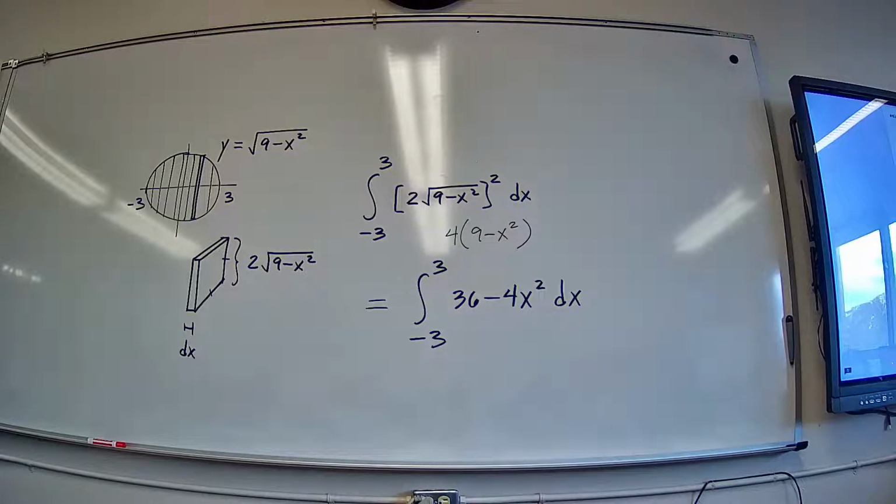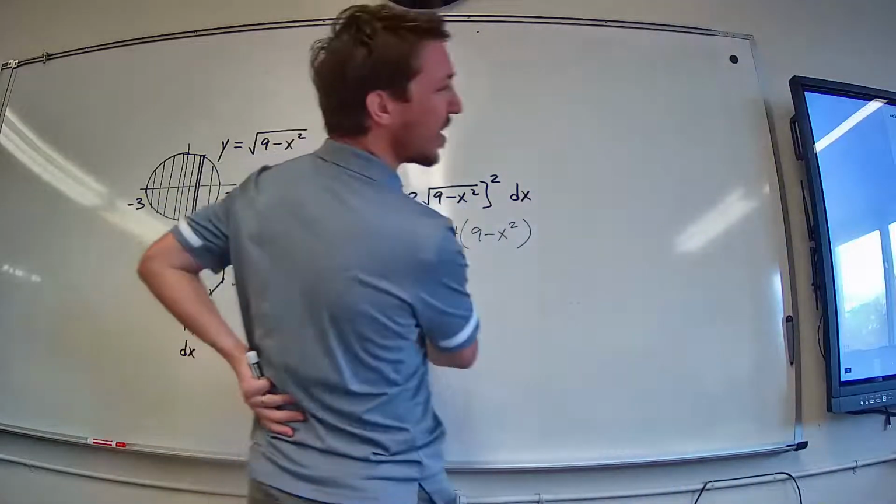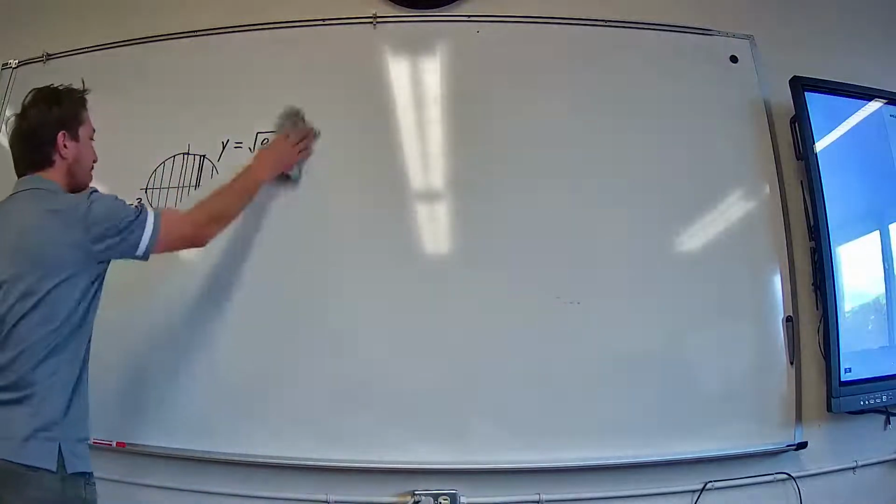Consider this region. We're going to revolve that region around the x-axis there. So you've got y equals 4 over x, and x equals 2, and x equals 4, and y equals 1.